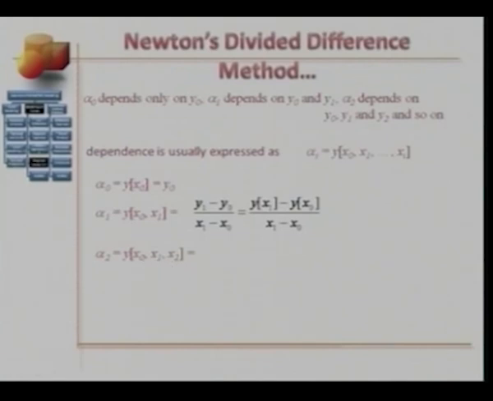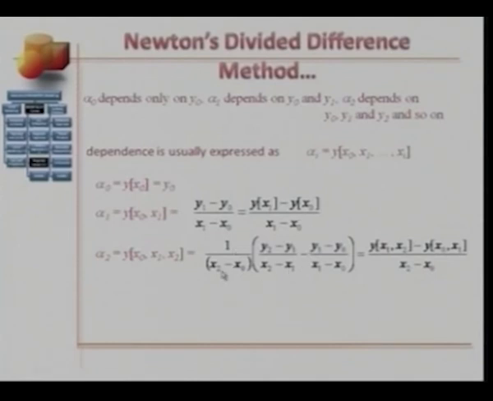And this is equal to 1 over (x2 minus x0) times [(y2 minus y1) over (x2 minus x1) minus (y1 minus y0) over (x1 minus x0)]. You would note that this is the second divided difference, and these two are the first divided differences. Now try to introduce this notation in this expression right here.